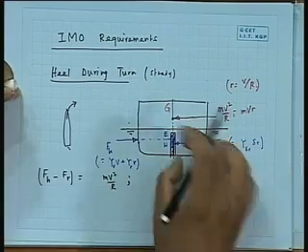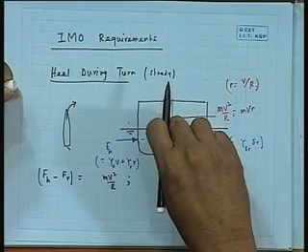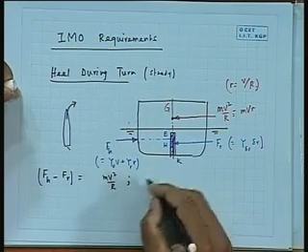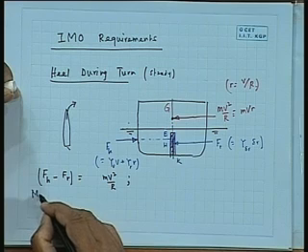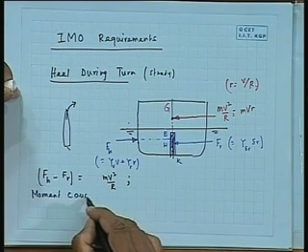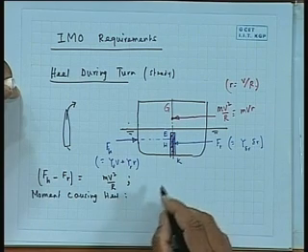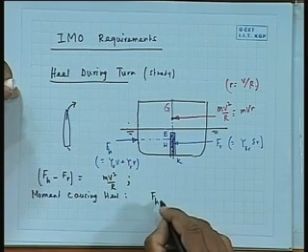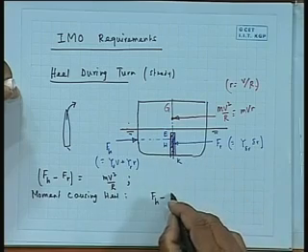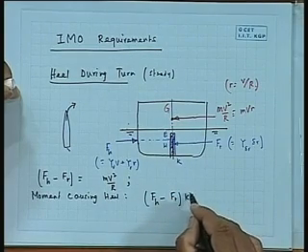Now we want to find out what is the moment causing heel, the net moment causing heel. So if we look at, say, the moment about G, it is Fh minus Fr into KG.